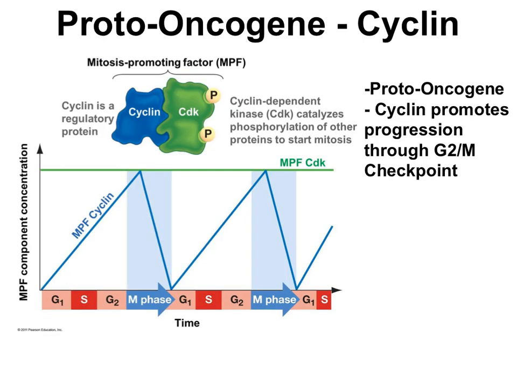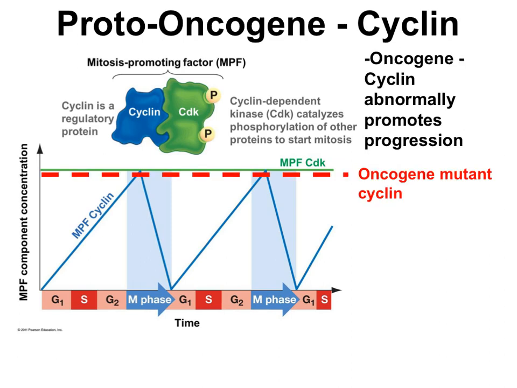Another example of a proto-oncogene that could turn into an oncogene is a cyclin. Remember from our last video that a cyclin normally causes cell division only when the cyclin levels are really high. For example, when this MPF cyclin is at its highest level, the MPF cyclin binds to the MPF CDK and activates the MPF CDK, allowing the cell to pass through the G2/M checkpoint.